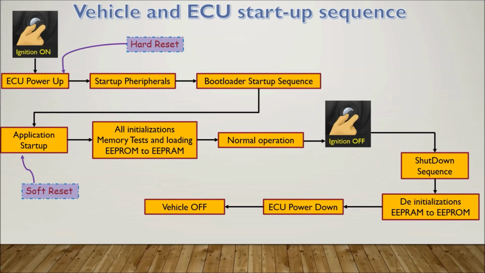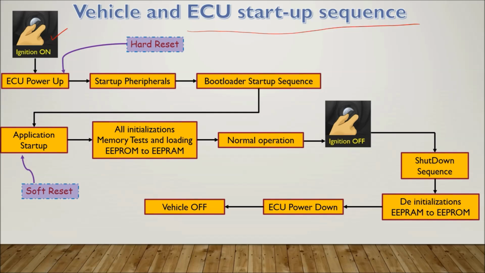Let's say you enter the vehicle and you do an ignition on. So you put the key and you turn the key in the car, right? So now your car is being started. All the ECUs need to wake up, get started, do the initialization.